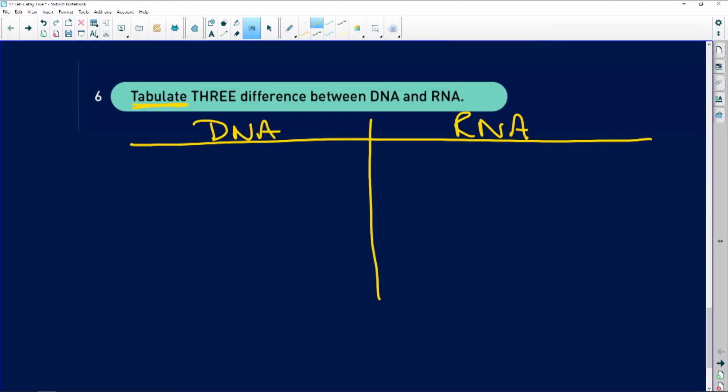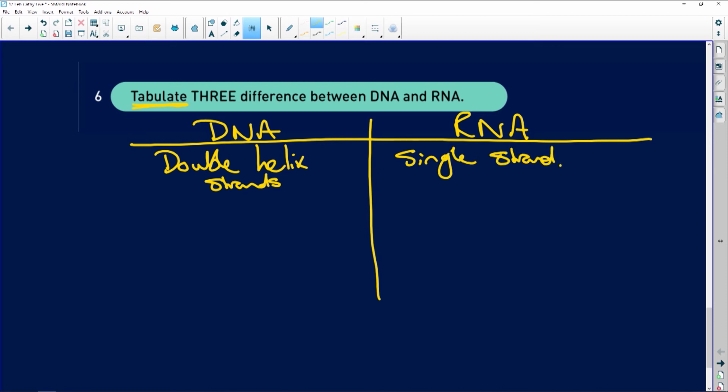So compare the same thing each time. So let's go. With DNA, well, the easiest one is that it's a double helix strand. Double helix strands, there are 2 of them. Here, we're going to have a single strand.